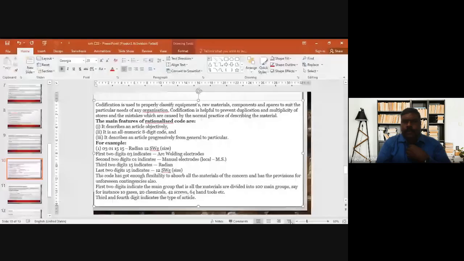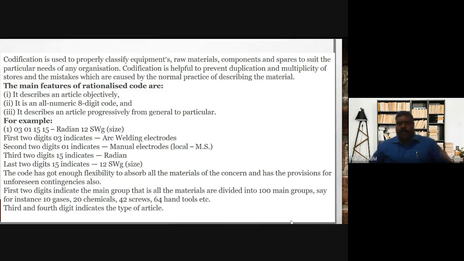You can read it yourself. The main features are rationalized, it describes the article progressively, from the general to the particular, and it is an alphanumeric 8 code. So the main feature of this code is that 8 numerical digits will be there. Example, you can see, self-explanatory.